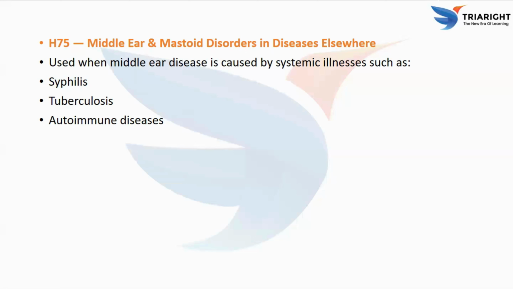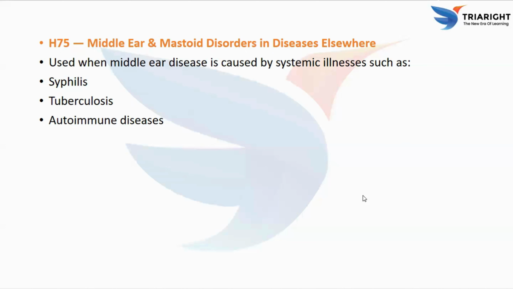The coding example is: the primary code is A18.0 for tuberculosis of bones or joints including the mastoid, and the secondary code you have to assign is H75. The third example is autoimmune diseases. Autoimmune disorders can cause immune-mediated inflammation of the middle ear and also the mastoid.